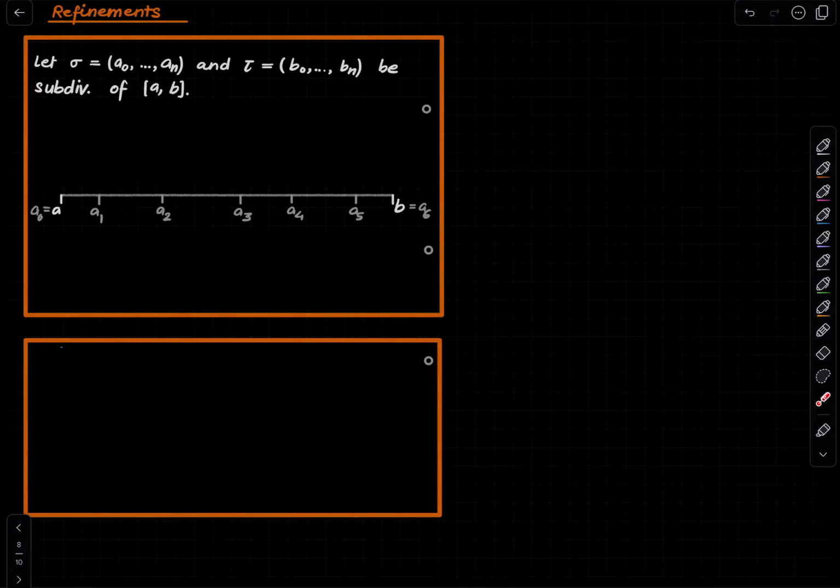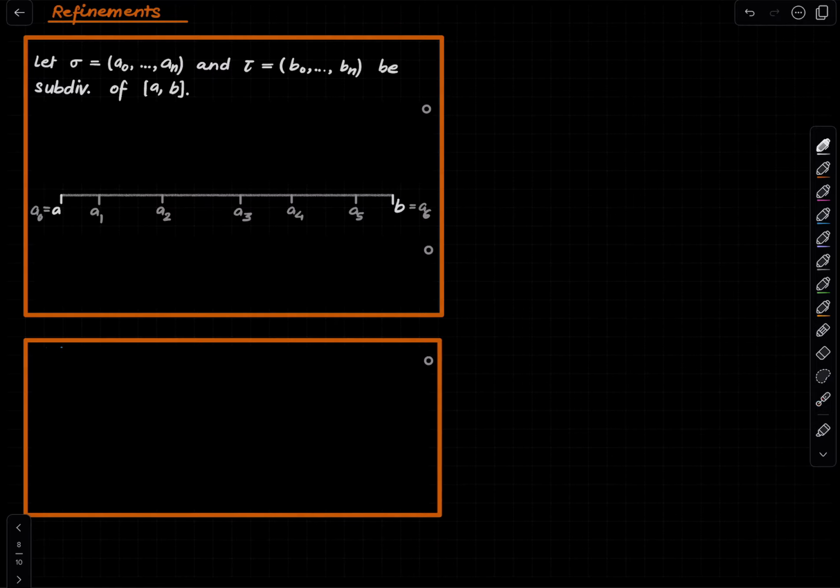Refinements, a natural notion. We have two subdivisions, sigma and tau, of a closed interval [a, b]. So we want to define the common refinement. Or before that, forget about the common refinement. First, let us define what is meant by tau being a refinement of sigma. We have two subdivisions.